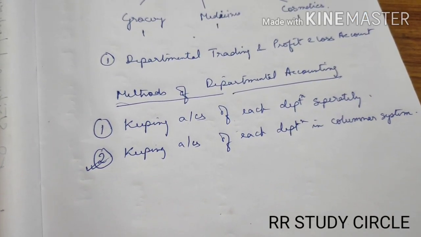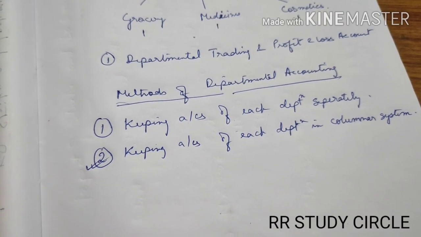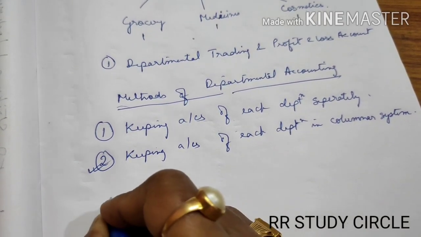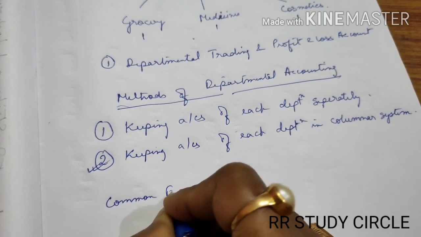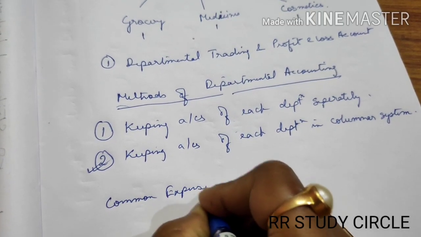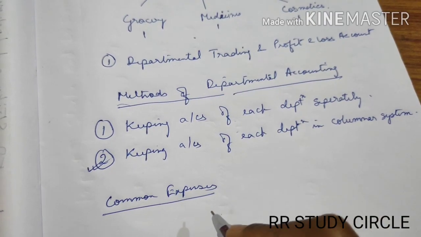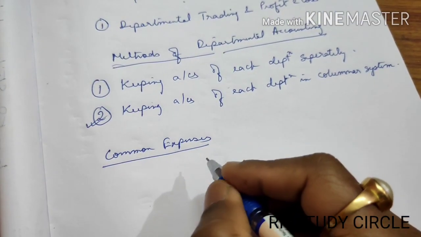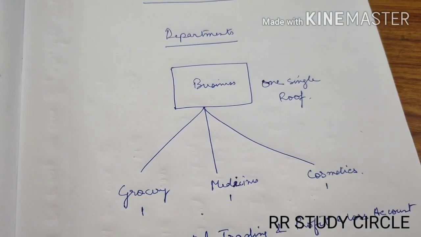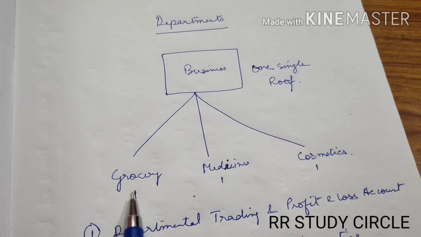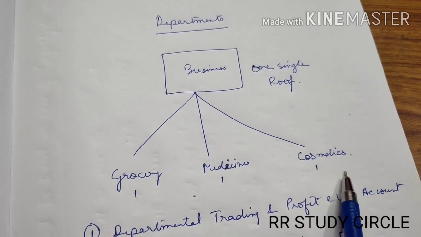Now we will have to understand that there are certain expenses which are called common expenses. What is the meaning of common expenses? There are certain expenses which have been incurred by the business, but the benefits have been derived by all the departments.